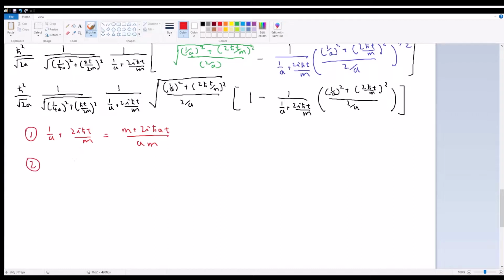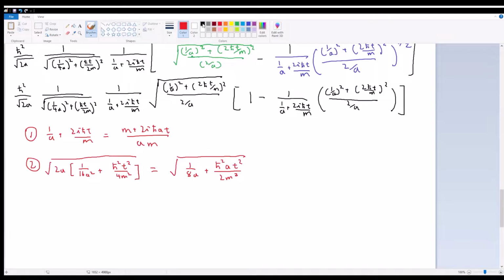Number 2, we have a square root of 2a times 1 over 16a squared plus h bar squared t squared over 4m squared. So we can condense those into a single thing, and this is going to give us 1 over 8a plus h bar squared a t squared over 2m squared.